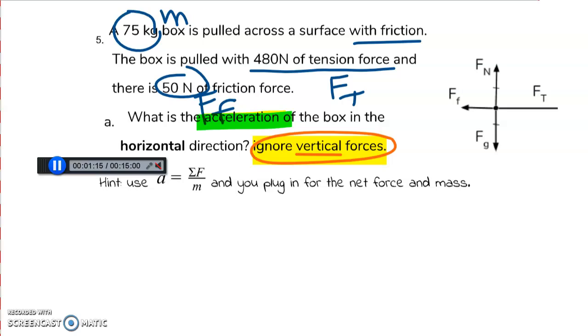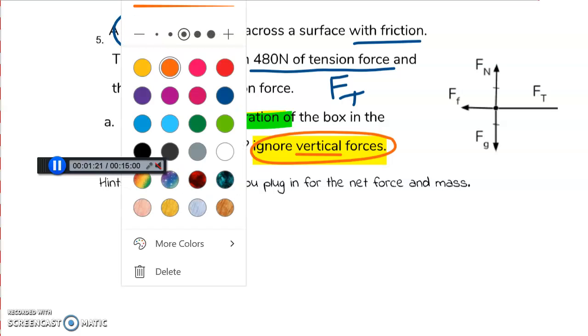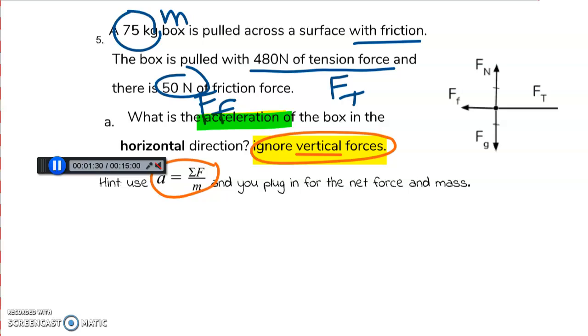So when I use Newton's second law, which is printed right here for us, and by the way, if you can memorize it, that's awesome, but just remember that you have the cover page to help you. When I apply Newton's second law, I have to make sure I focus it on either the horizontal or vertical direction.